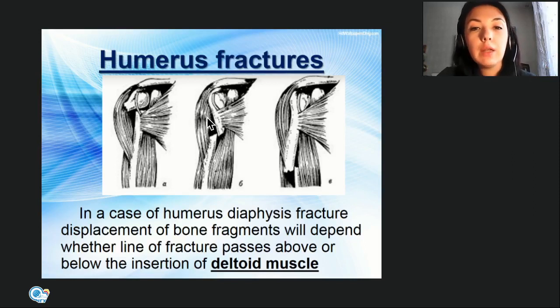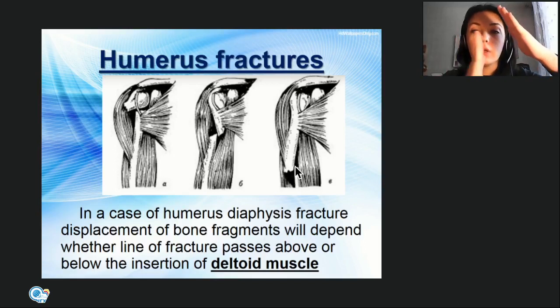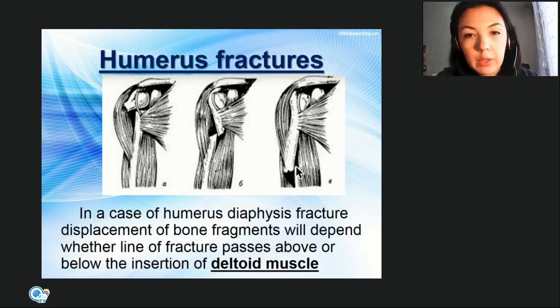So if the line of the fracture is below the insertion of the deltoid muscle, then the central or proximal end of the bone will be abducted, located laterally to the distal end of the bone, like you can see in this picture.